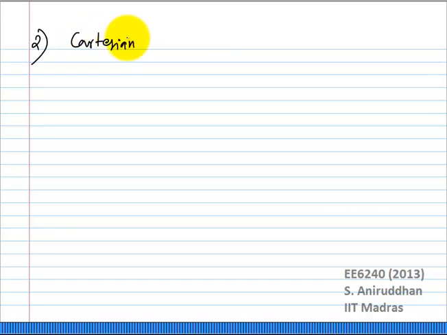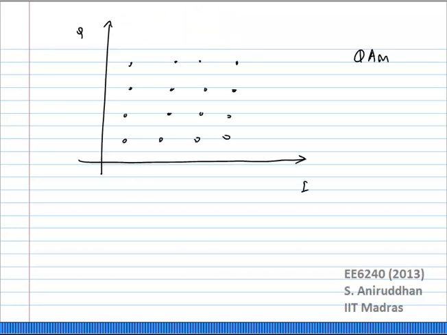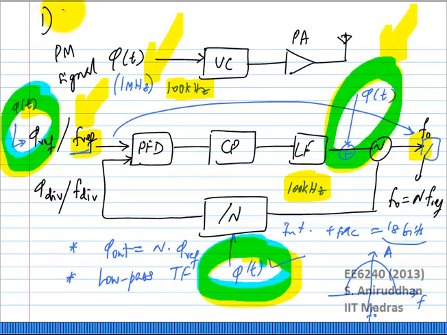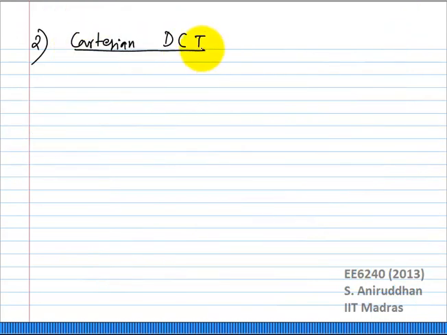So of course, let us take the simplest example, the Cartesian example of a direct conversion transmitter. This is the first case of the polar TX. The second case is the Cartesian direct conversion transmitter. I have xi of t and xq of t.